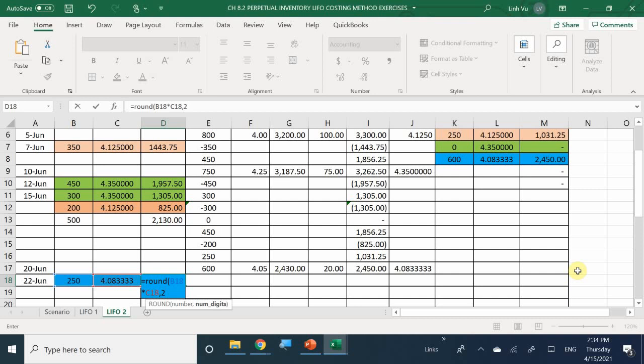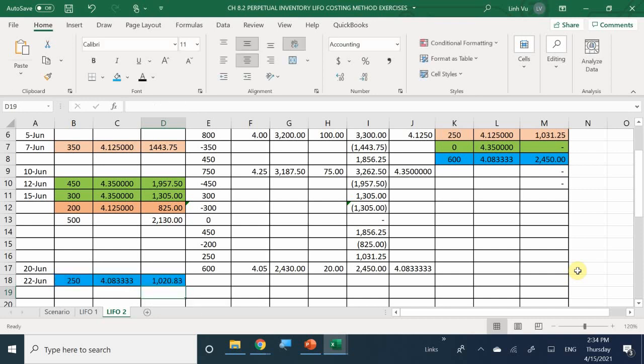So how much is my total cost of goods sold here? $1,020.83 and a quarter of a penny. So therefore, it's going to be 1,020.83 because a quarter of a penny is going to be rounded down.